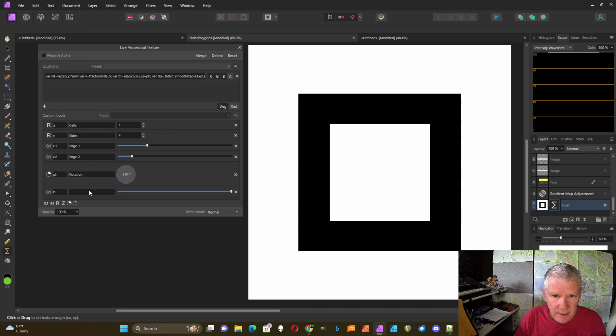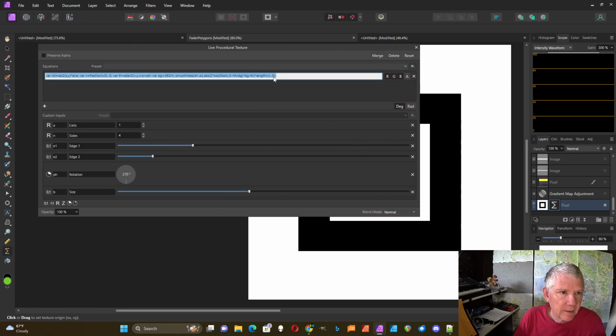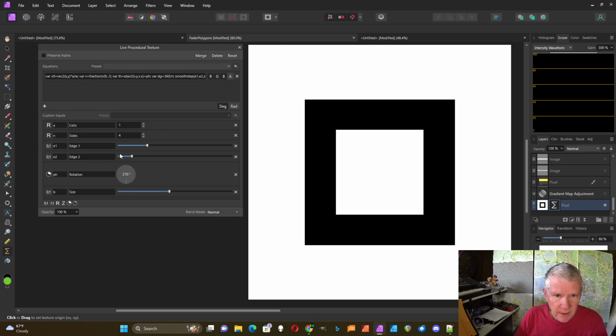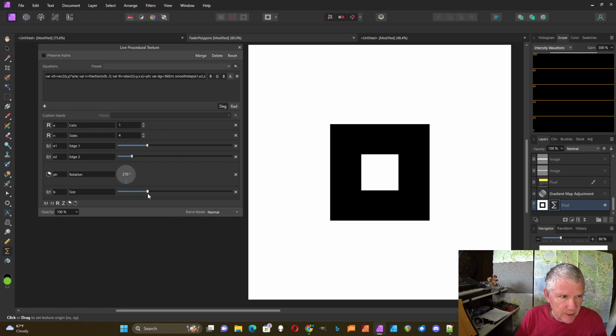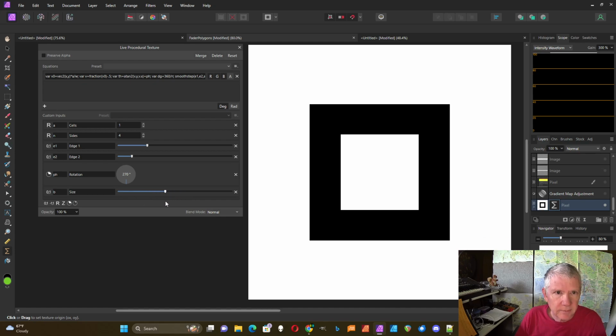I'm going to create a B, which I'll just call size. I'll set it down around here. And instead of subtracting off 0.5, I'm going to subtract out B. Okay, now the edges control the thickness of the line, and B controls the size of the shape.